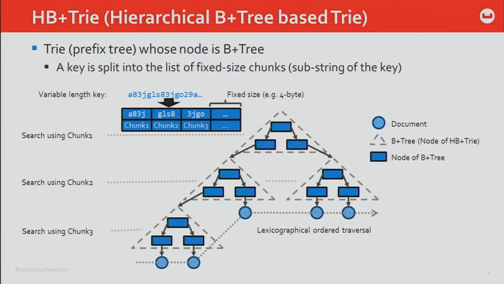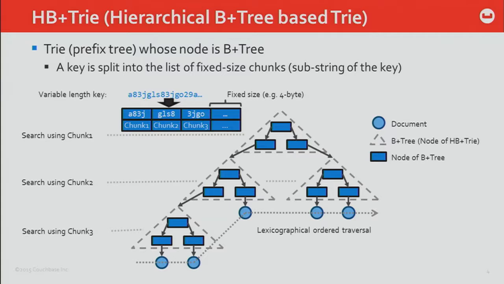This diagram shows the high-level overview of the new index scheme, the HB+trie. HB+trie is a variant of the trie index structure where each node in the trie is constructed using a separate B+tree.